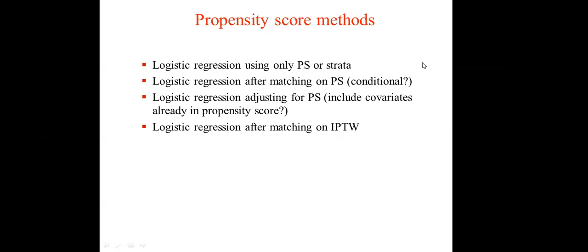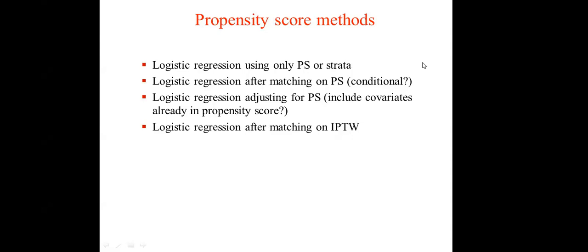You can use matching and use conditional regression because you have matched pairs, although I've never seen that used in the literature. I've just seen simple regression even though you have matched pairs. You could do conditional regression, which takes advantage of the matching. You can use regression adjusting for propensity score, but should you include, as some articles do, the covariates that you already have in the propensity score?